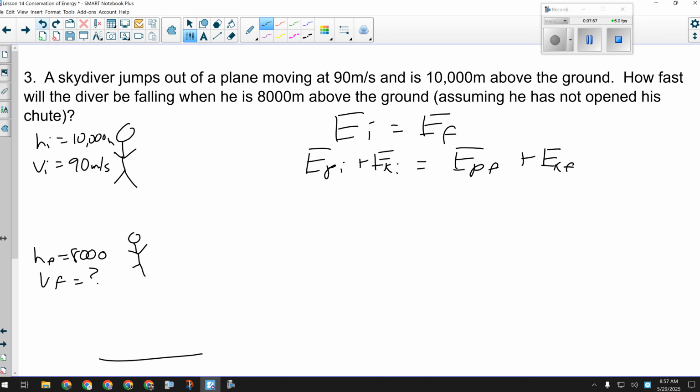So they have all 4 of these. None of them are 0. I have to keep them all in. What I'm looking for is part of that term right there. So how do I get EKF by itself? Subtract EP. Right. So I'm going to have initial potential plus initial kinetic minus final potential equals final kinetic.